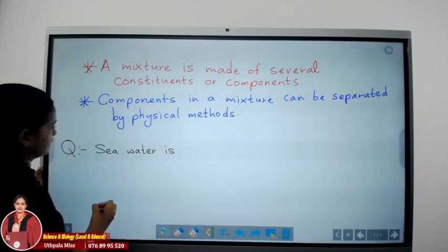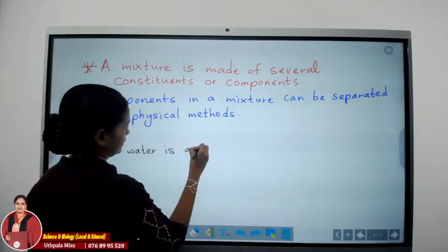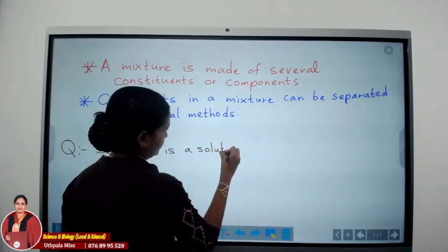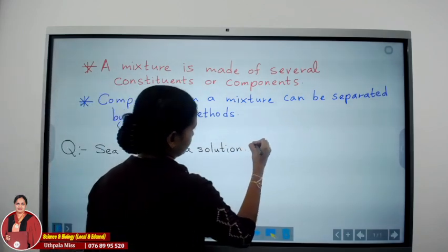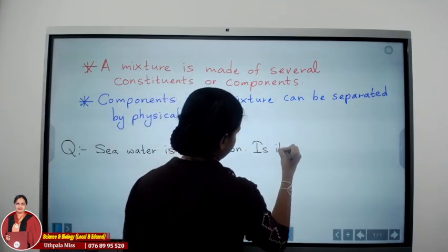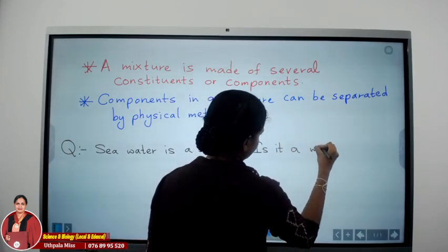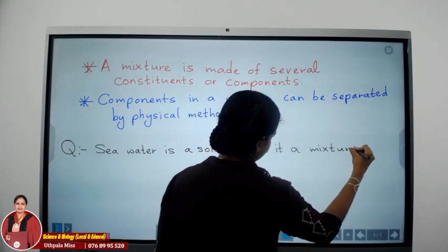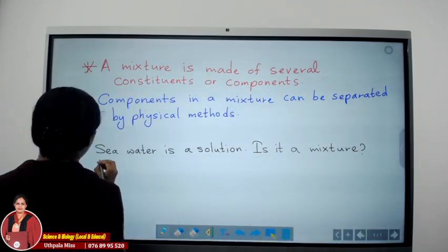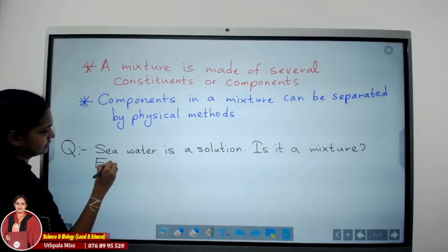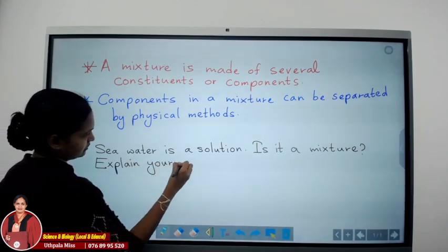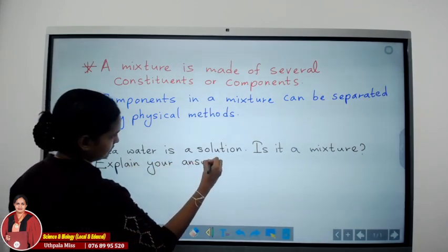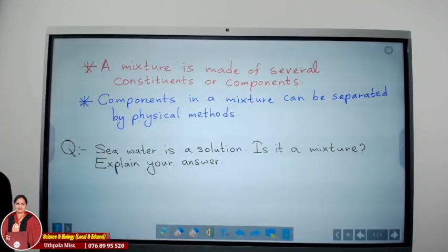And a question. Seawater is a solution. Is it a mixture? Explain your answer. Right, so you have to write an answer as you feel.